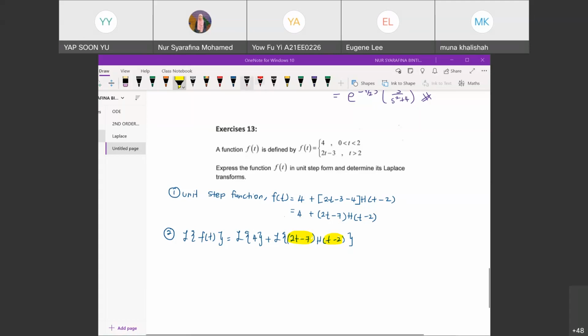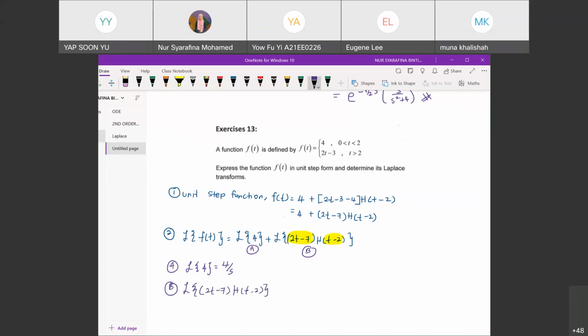Okay. So now we have 4 here. So we have 2 expressions. So this is A, this is B, and everyone knows how to transform A, right? So for the A part, just transforming a constant will give you what? Transforming 4 will give you 4 over s. Now the B part, transforming 2t minus 7 h t minus 2. Okay.